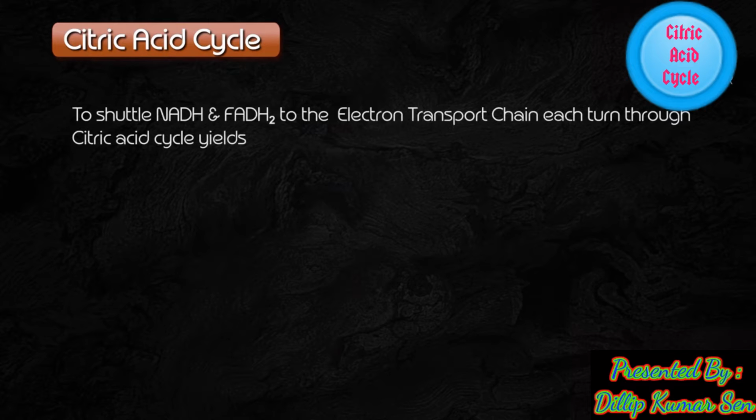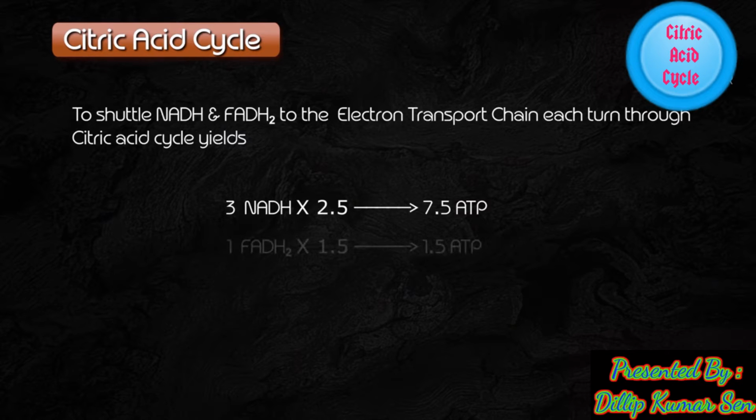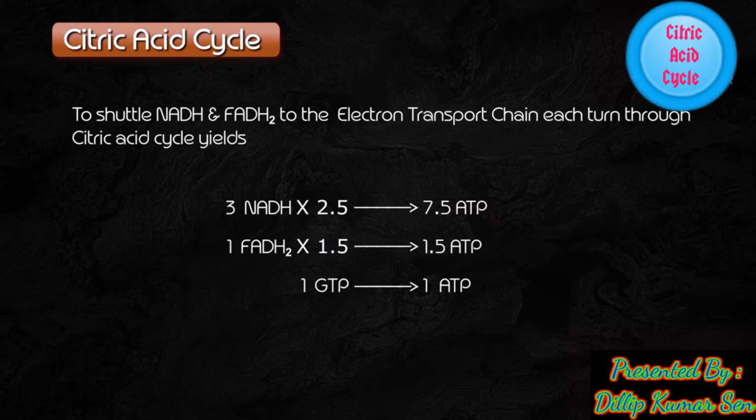However, because of the energy expenditure required to shuttle NADH and FADH2 to the electron transport chain, the citric acid cycle yields approximately 3 NADH times 2.5, that is 7.5 ATP equivalents, and 1 FADH2, that is 1.5 ATP, and 1 GTP is 1 ATP.